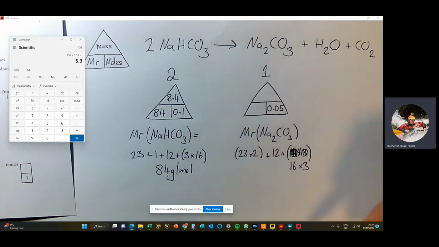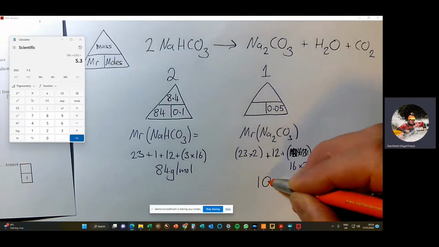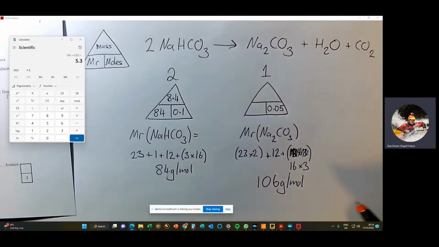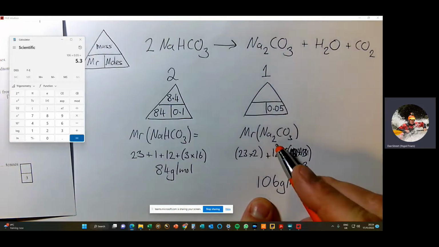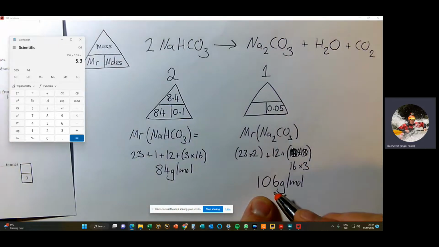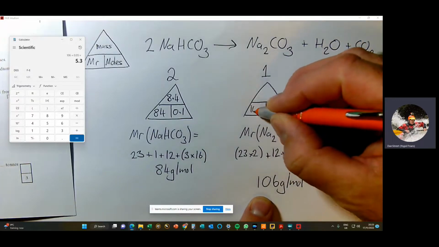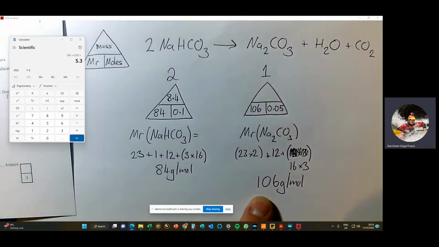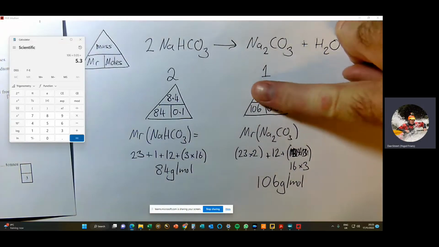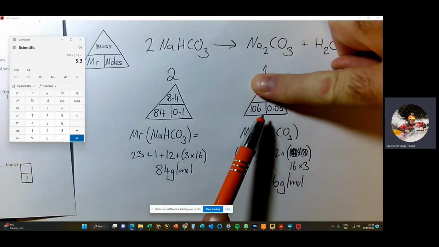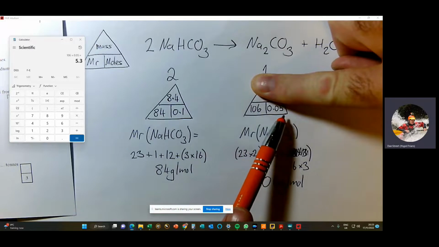And if we put that through our calculator, or if you're a mathematical wizard, you'd be able to work out that that's 106 grams per mole. So this is the Mr of sodium carbonate. So if we transfer this value into our triangle, okay, 106. And again, if we apply the magic of the formula triangle, if we wanted to know the mass, we would cover up the mass, and that tells us to multiply 106 by 0.05.